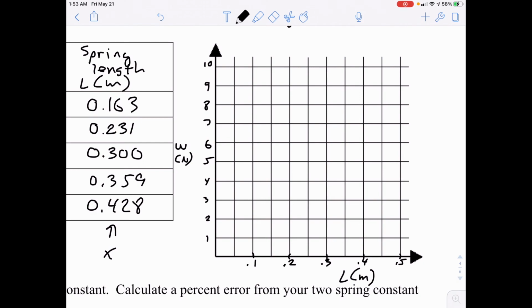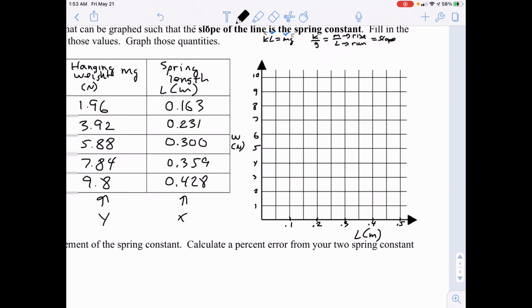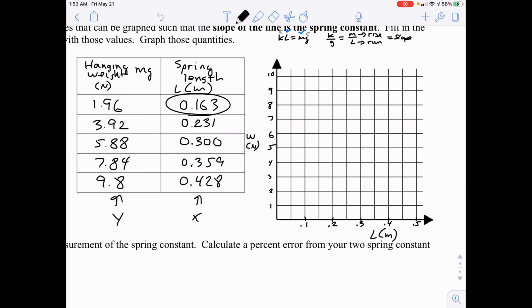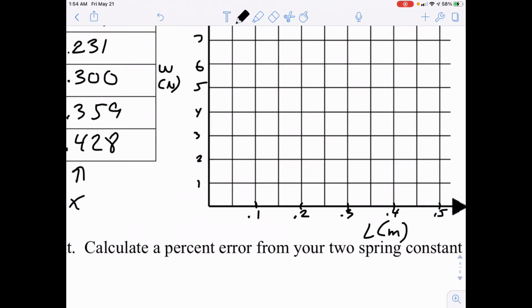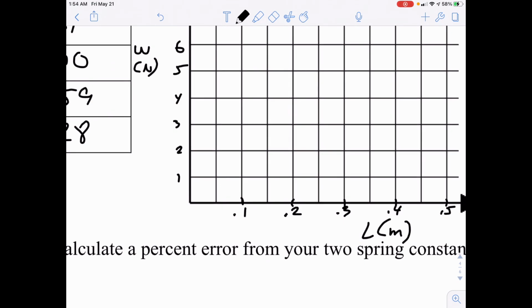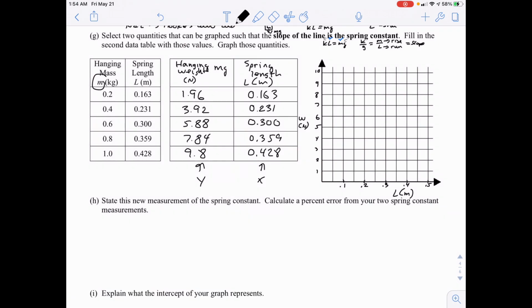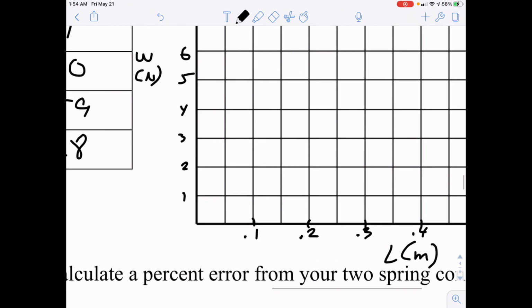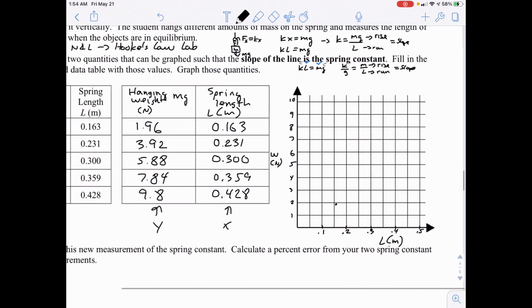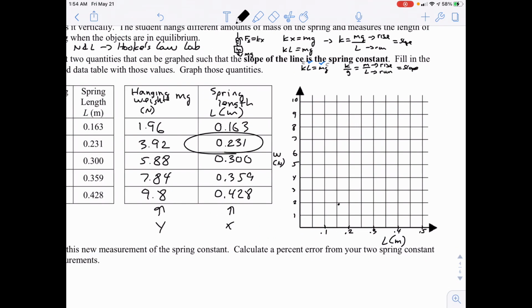Plot your data. Okay, so we're going over a little over 1.5 and up almost 2. So a little over 1.5 up almost 2 puts us about right there. Then we're going to go over about almost 2.25 and up 4.